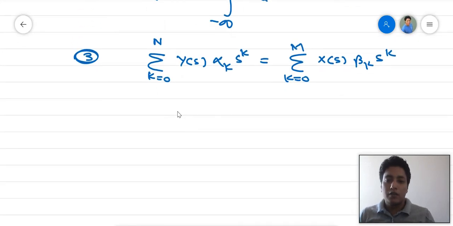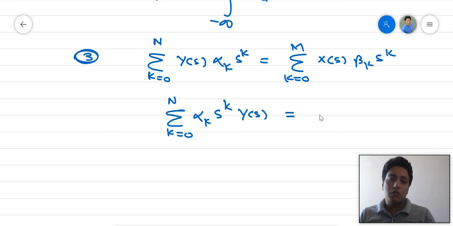Rearranging, we get summation k equals 0 to N of alpha_k s^k Y(s) equals summation k equals 0 to M of beta_k s^k X(s).